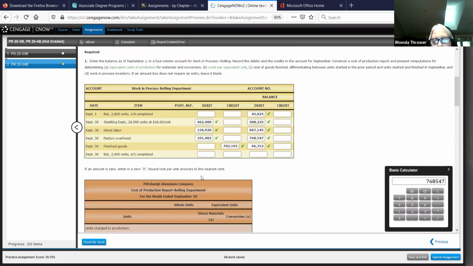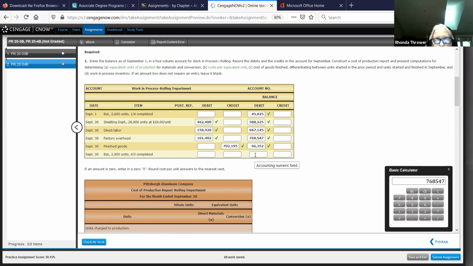Now, something that I didn't really agree with and didn't like in the way they handled this was this last part of the ledger account. This technically is your ending balance and would be in the ledger account. But what they ask you to do here is to simply repeat this ending balance again.